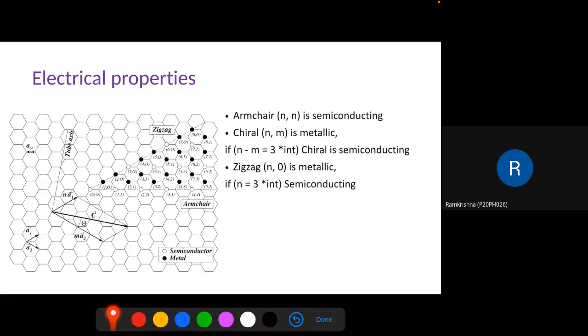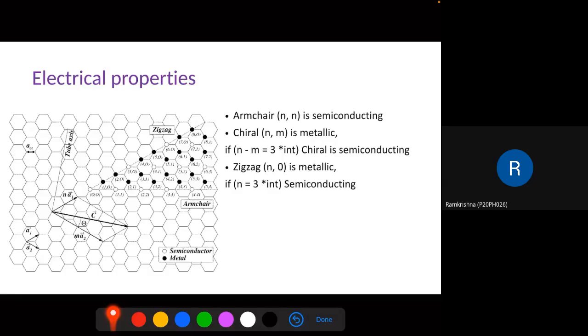These were all studied after 1991, when carbon nanotubes were synthesized for the first time. In the beginning, the research was not that interesting because it was very difficult to synthesize carbon nanotubes at that time.